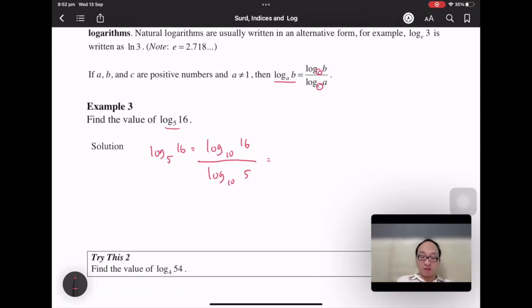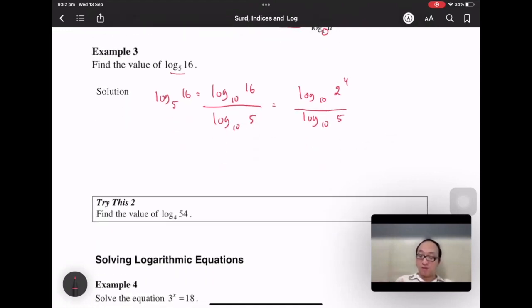So for example, this one is log 10 of 2 to the power of 4 over log 10 of 5. So we can rewrite as now 4 moves to the front, so it's 4 log 10 of 2 over log 10 of 5.